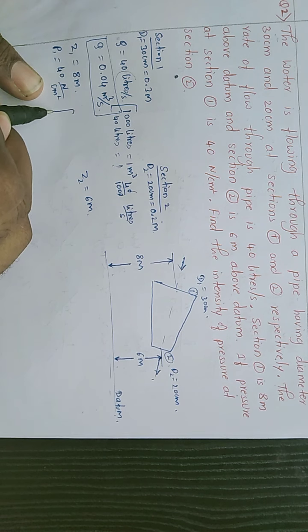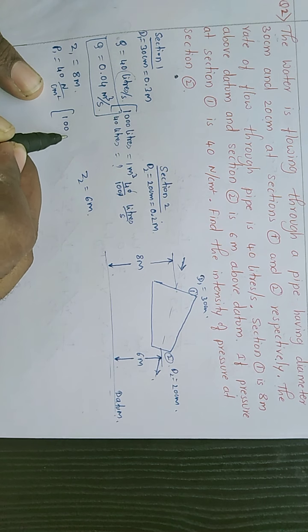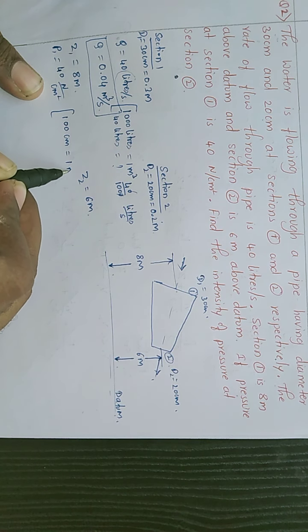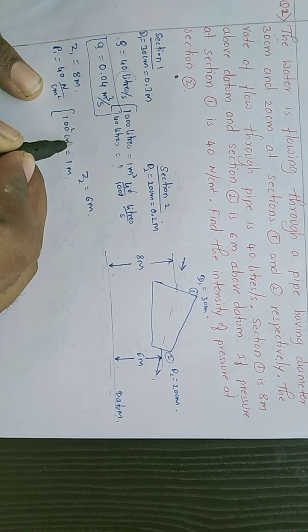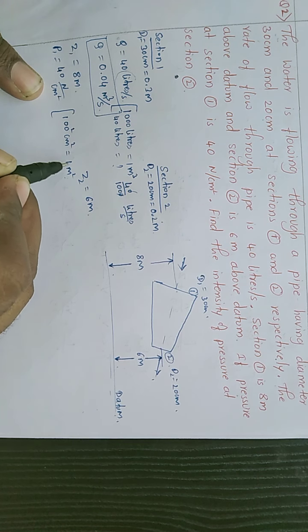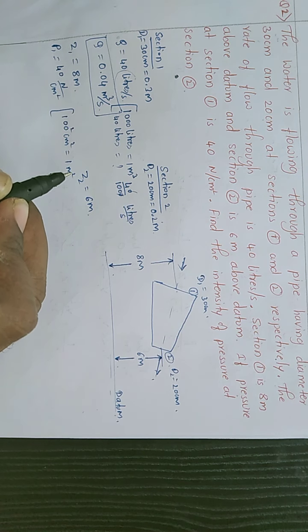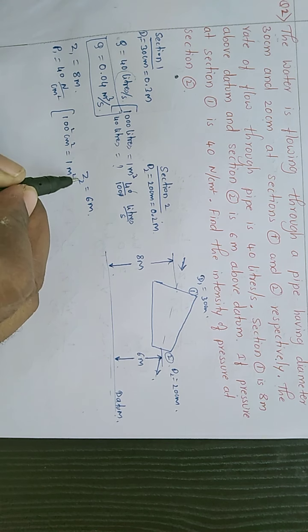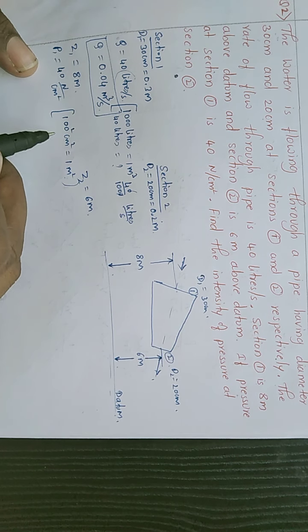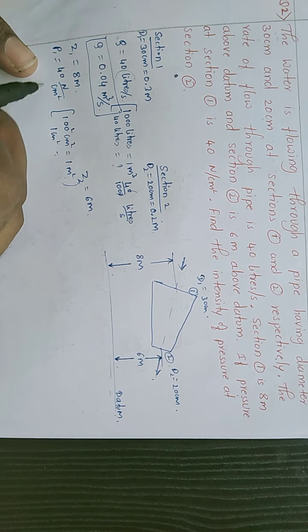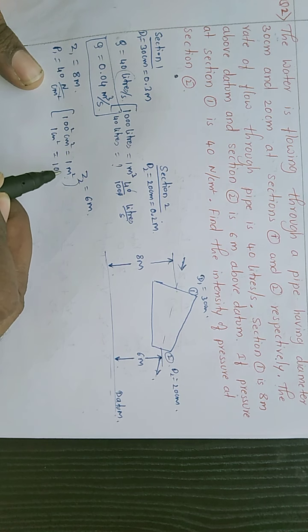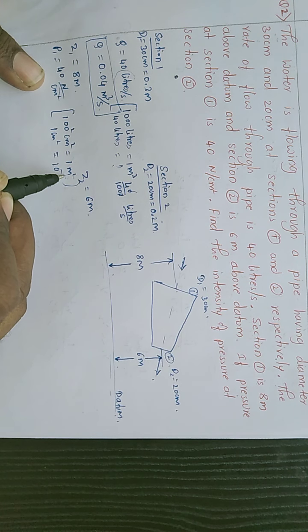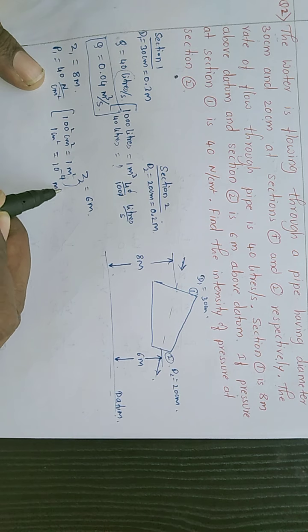How to convert? We know that 100 centimeter is equal to 1 meter. If I square this, 100 centimeter square is equal to 1 meter square. So 1 centimeter square, which I need to convert into meter square, is nothing but 10 raised to minus 4 meter square.